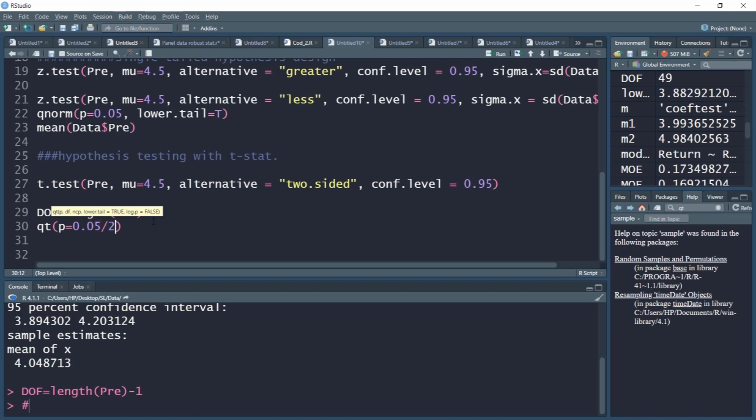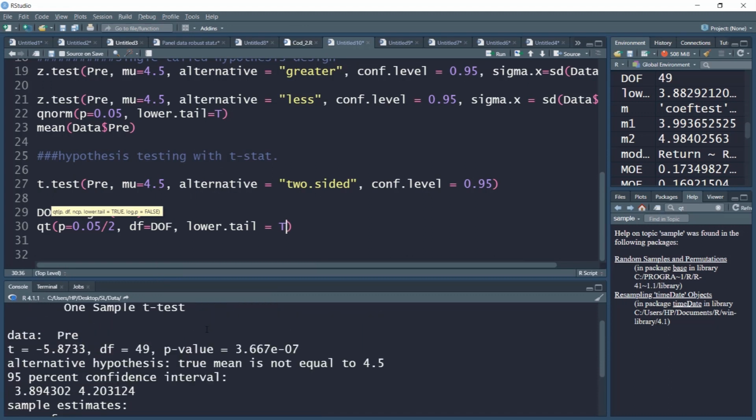Why I'm using 2.5%, or 0.05 divided by 2, is simply because it is a two-tailed test. We are testing whether 4.5 is different from the population mean, which means the population mean can be either more or less. So it's a two-tailed test, and that is why we use 0.05 divided by 2 as our significance level. We also provide the degrees of freedom as an argument, and then we specify lower.tail as TRUE. Why are we doing this?